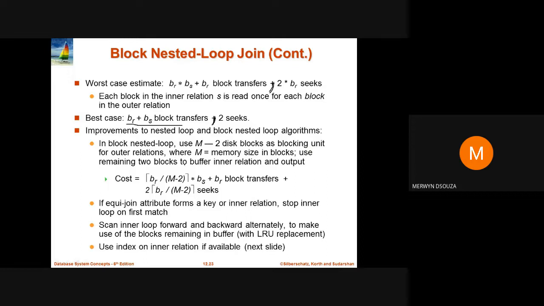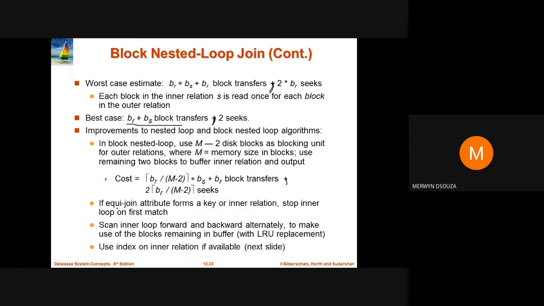The remaining 2 blocks could be used to buffer the inner relation. Therefore, the number of block transfers will be BR divided by M-2, into BS, plus BR. The number of seeks will be 2 into BR divided by M-2.